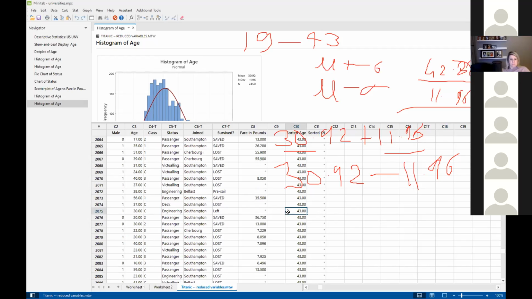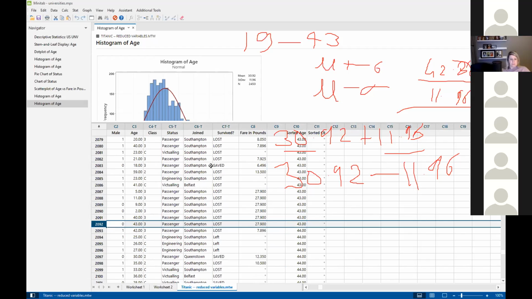So here we have 43, 43, 43, 43, 43, 43. So how much? 2092.